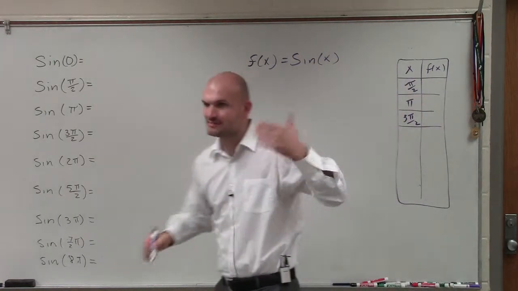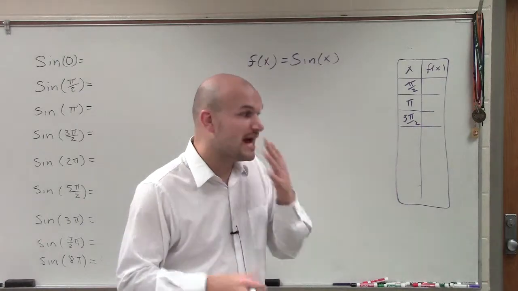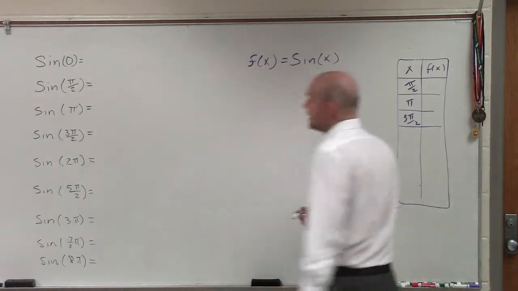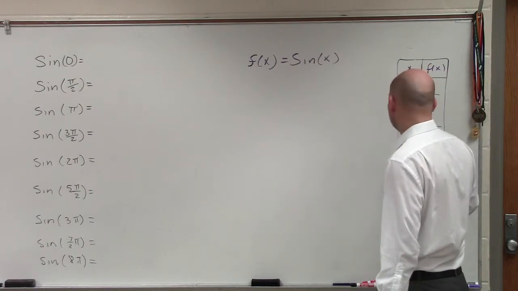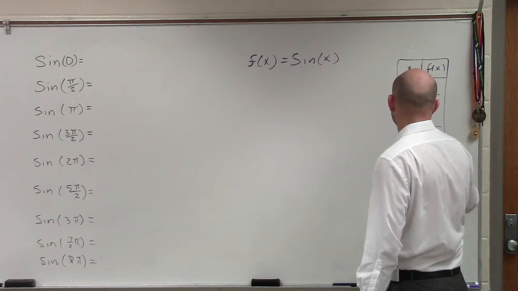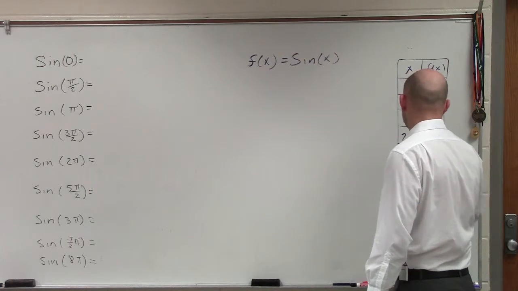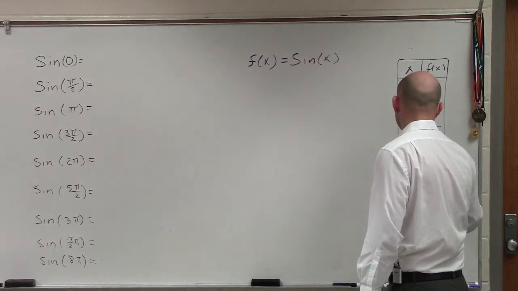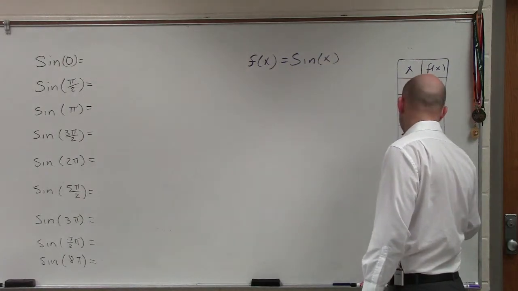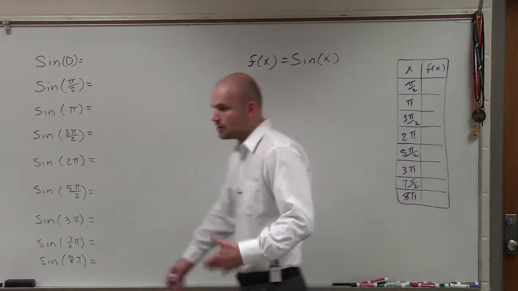You can see how I just kept on labeling and labeling all these. So now I'll label all these. Now what I want to do is determine the output values for the sine function. 5 pi over 2, 3 pi, 7 pi halves, and 8 pi. OK, so those are all my input values.